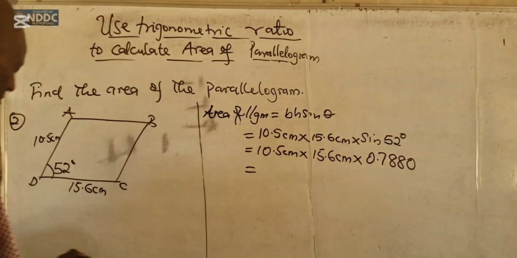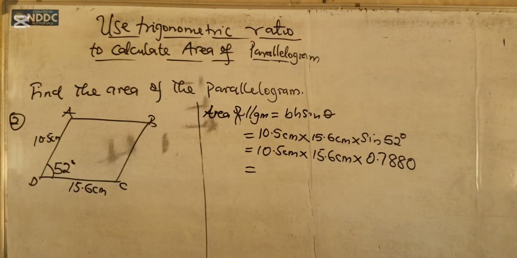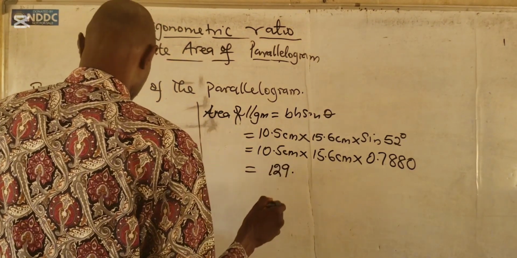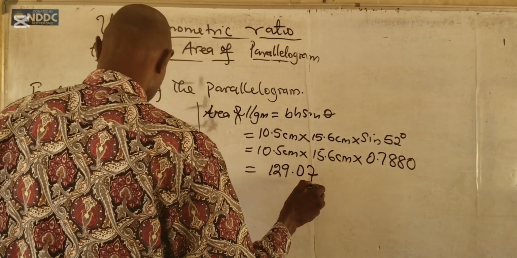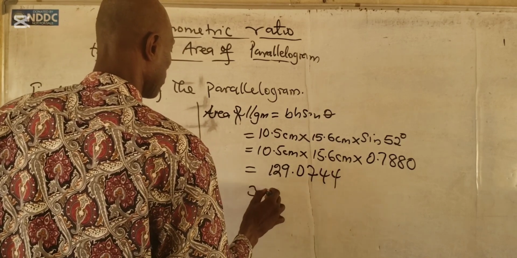So when you multiply 10.5 cm times 15.6 cm times 0.7880, it will give us 129.0744.